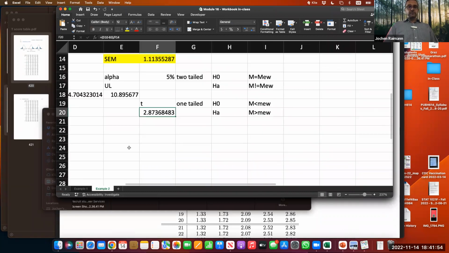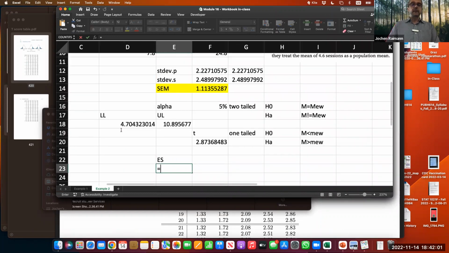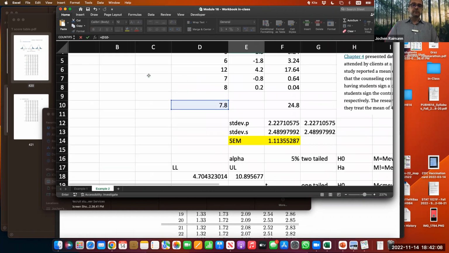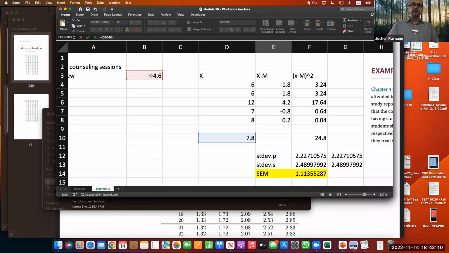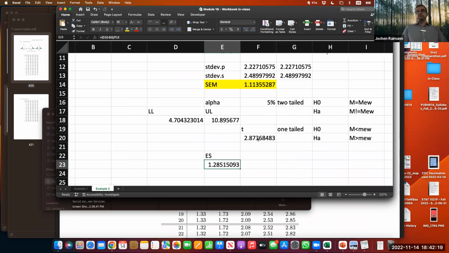So for our example here, the effect size can simply be calculated as our mean minus mu divided by our estimated standard deviation of 2.49. That's an effect size of 1.28, which is as per Cohen's conventions, small, medium, or large.